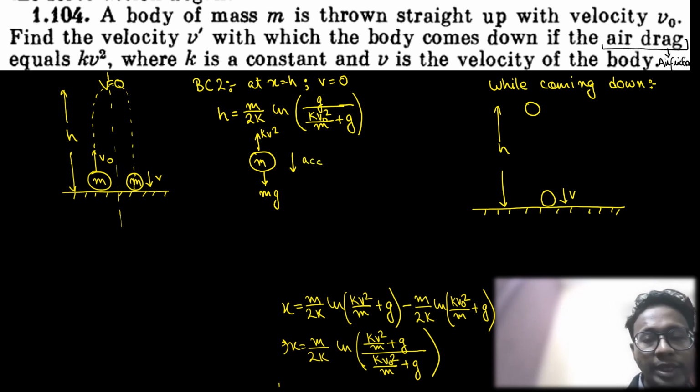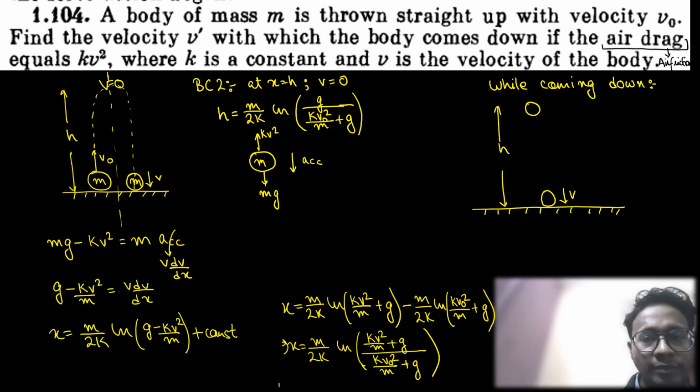So similarly, if you write this equation, mg minus kv square is equal to mass into acceleration. Similarly, we substitute acceleration is equal to v dv by dx. If we follow the same protocol, we'll get the equation. If we solve this equation, we'll get the value of x while coming down.